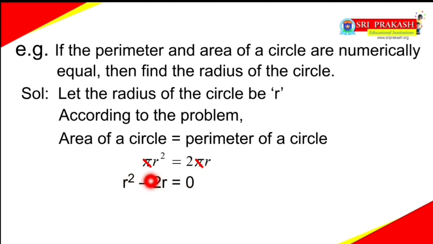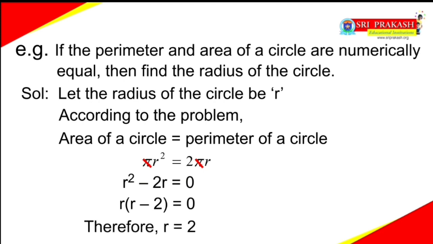Now let us take r as common. Then we get r into r minus 2 is equal to 0. We know that the radius cannot be 0. So r minus 2 is equal to 0. Then r is equal to 2. Therefore, the radius of the circle is 2 centimeters or 2 units.